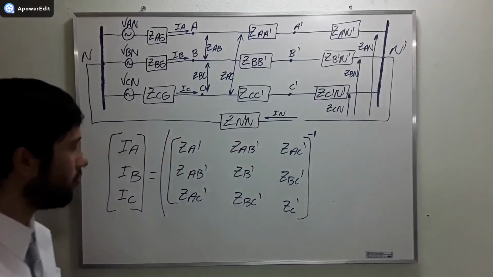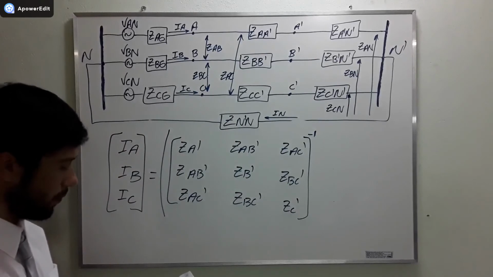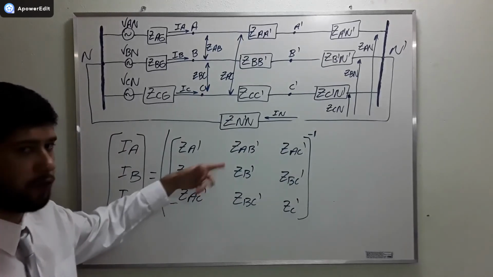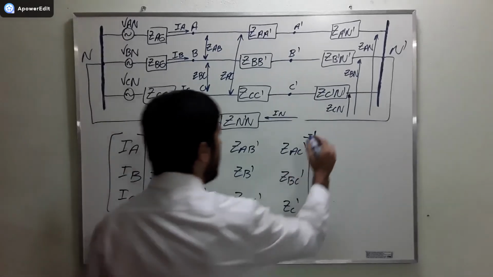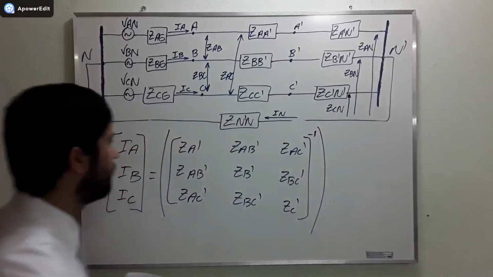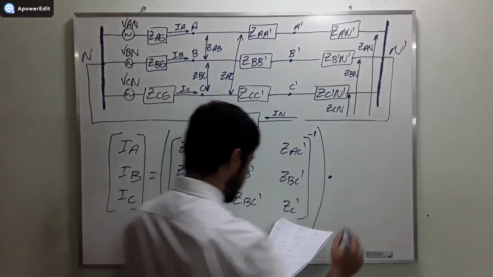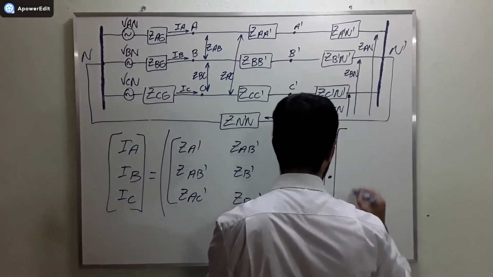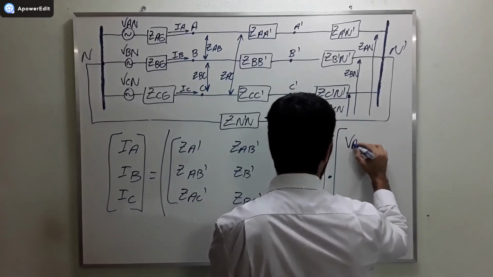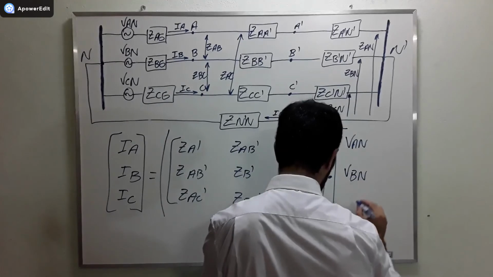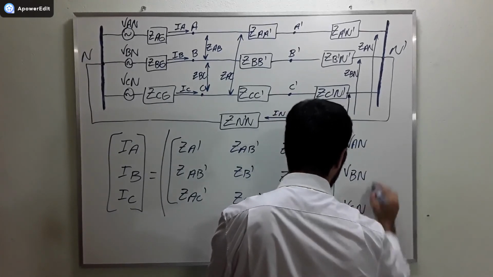We take the inverse of this matrix. Okay? We don't want this matrix here. We want the inverse of this matrix. And after getting the inverse of this matrix, we multiply by the voltages VAN, VBN, VCN.